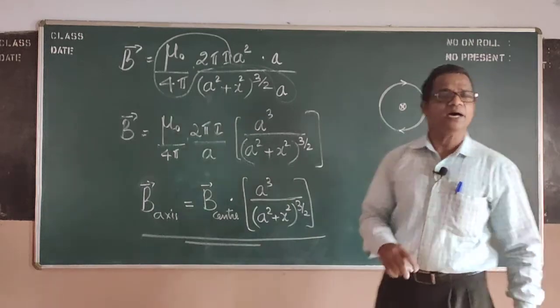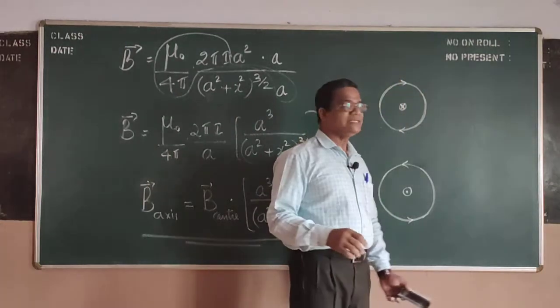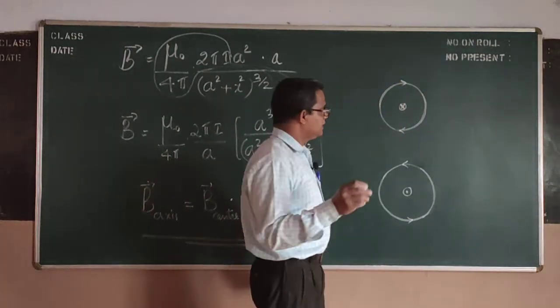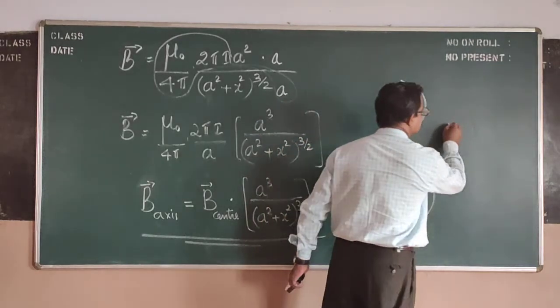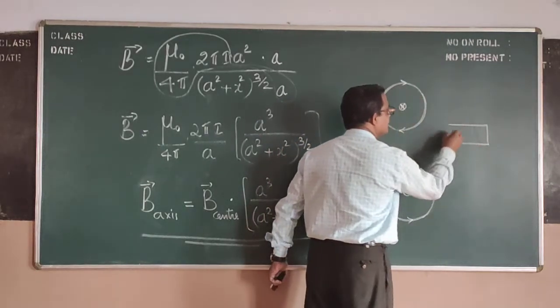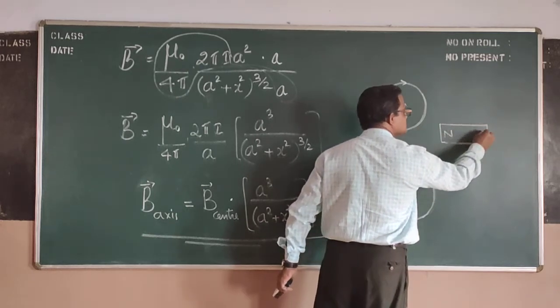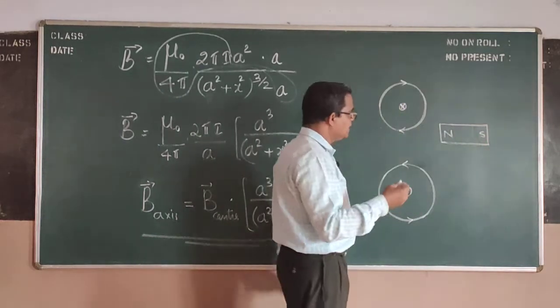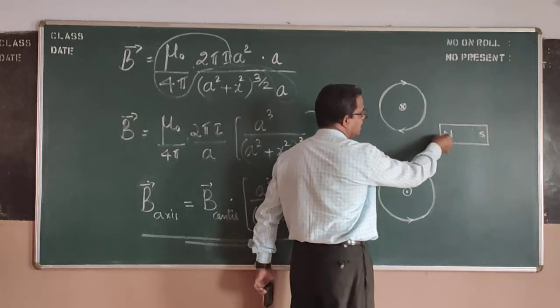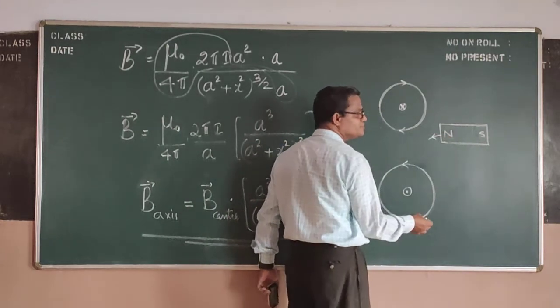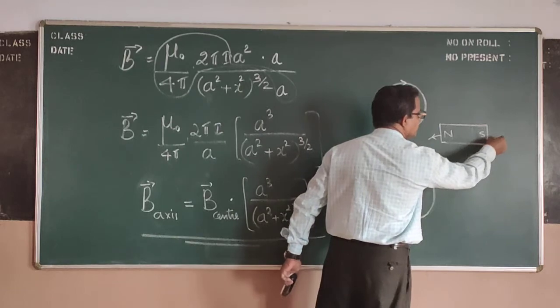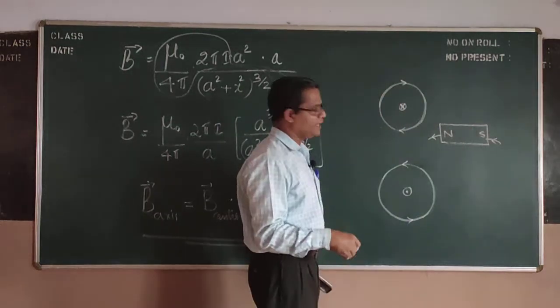Now, when we compare this with the magnetic dipole, the bar magnet, when we consider this is the north pole and this is the south pole, we find that the field lines are coming out from the north and going into the south from outside.